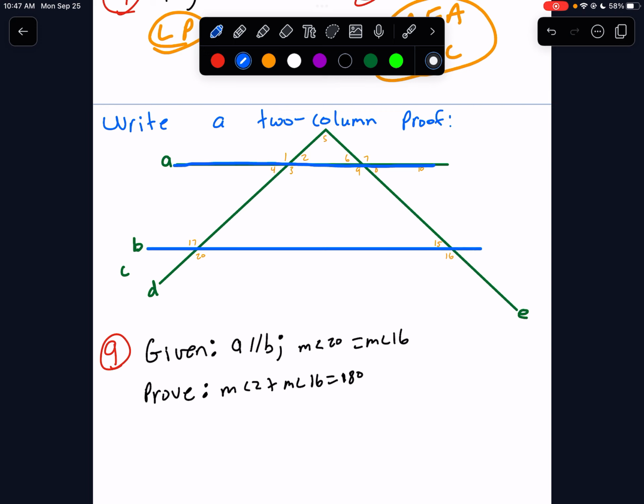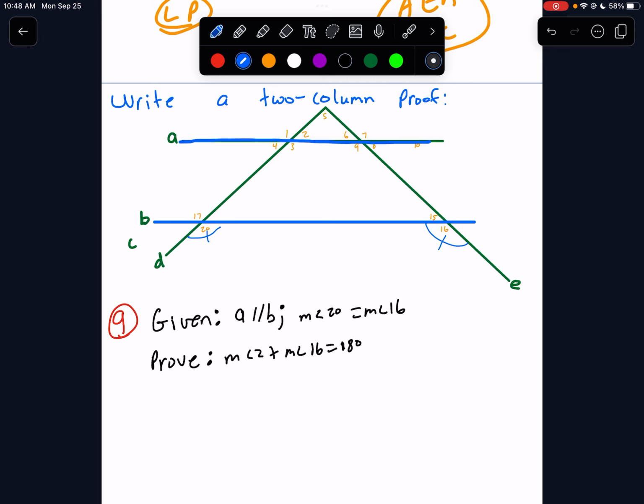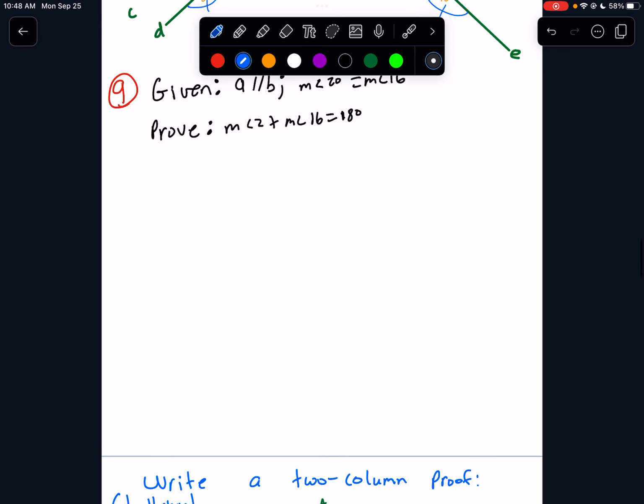And angle 20 and angle 16 are the same size. Prove that 2 plus 16 equals 180. All right, we can do this.